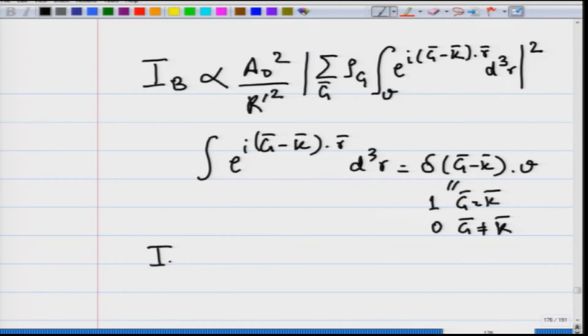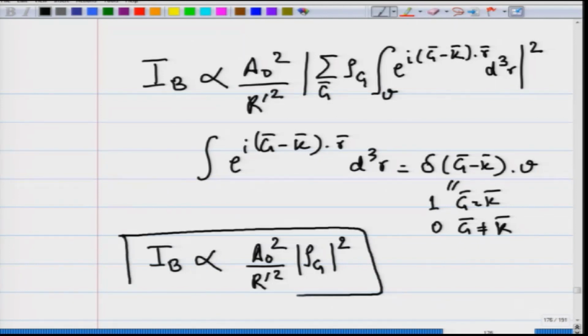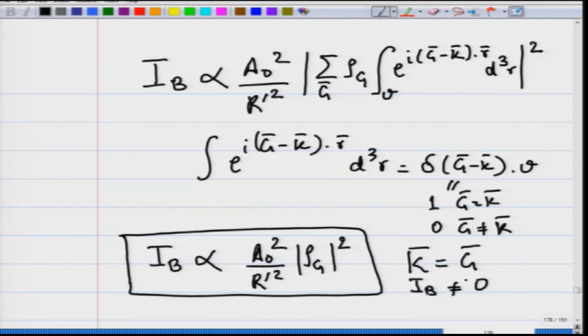So, your intensity at point B becomes proportional to A naught square by r prime square, rho g square. So, my intensity at a given point in the lattice becomes maximum if my scattering vector k becomes equal to g, then I get a finite intensity, I_B is not equal to 0.